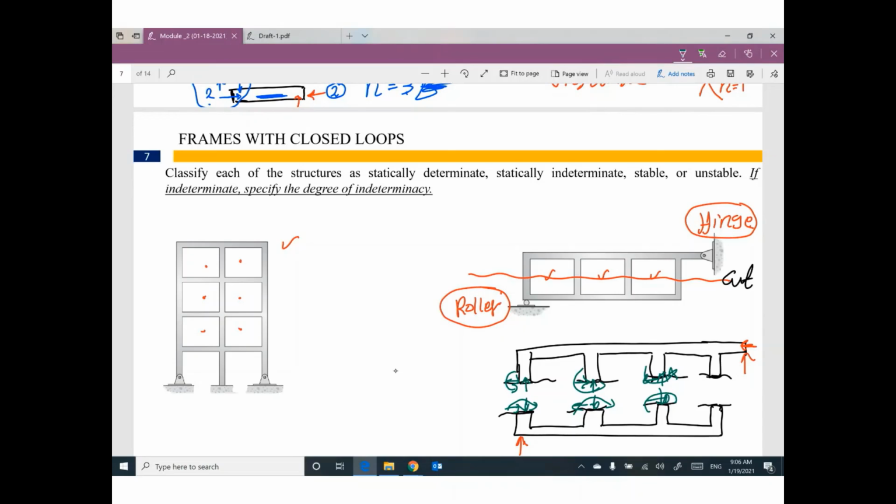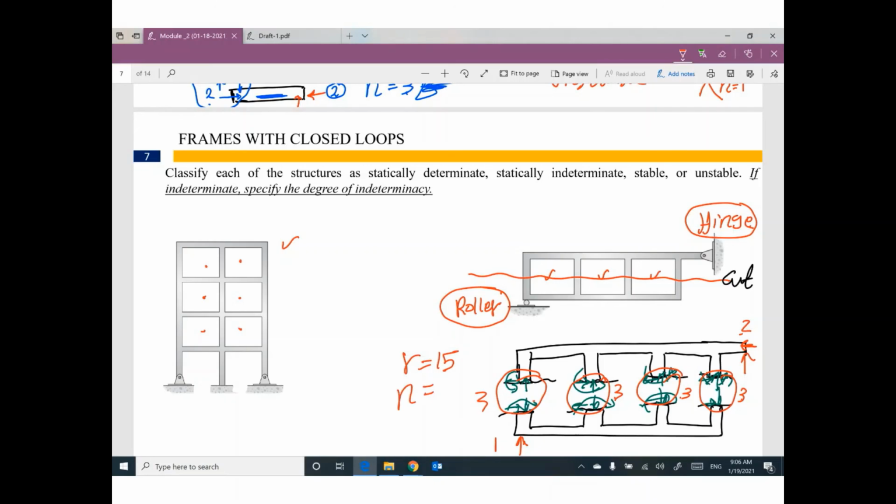So 3, 3, 3, and 3. How many reactions? 2 and 1. So 3 plus 3, 6, 9, 12, 15.